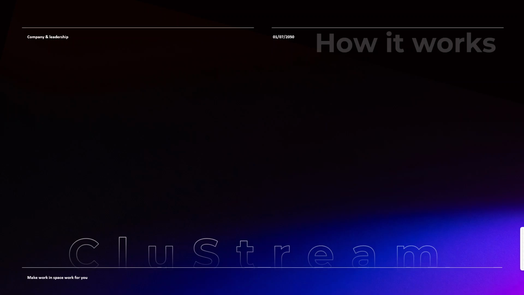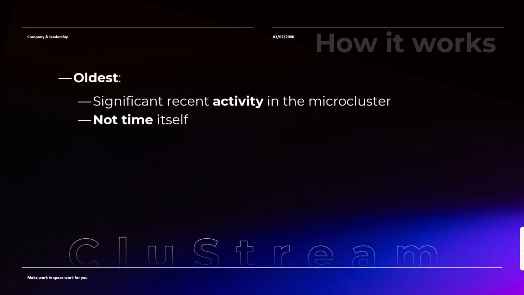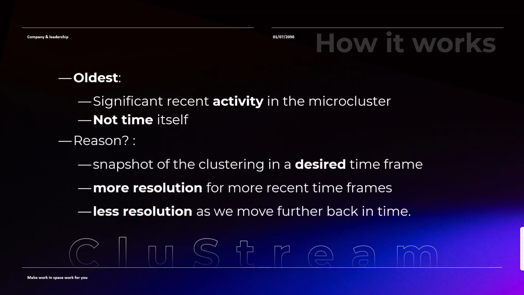Here, the oldest is defined as having no significant recent activity in the microcluster, and not by the time. That is because the snapshot of the clustering can be defined in a desired time frame, and it gives more resolution to the more recent time frames and less resolution for the furthest data points in our time frame.